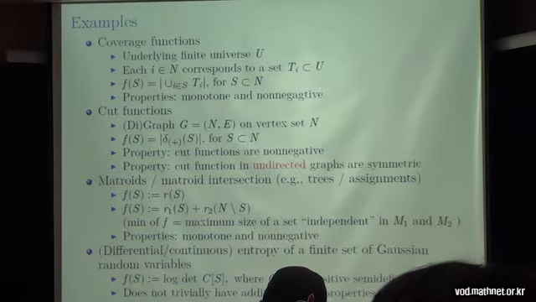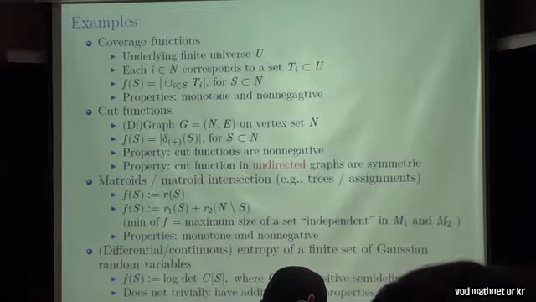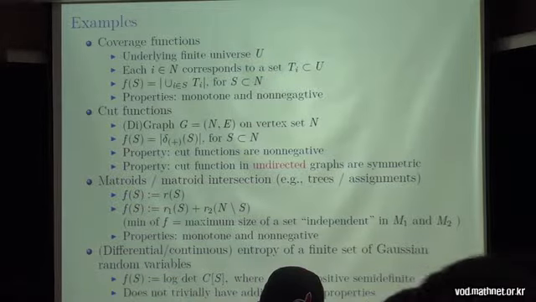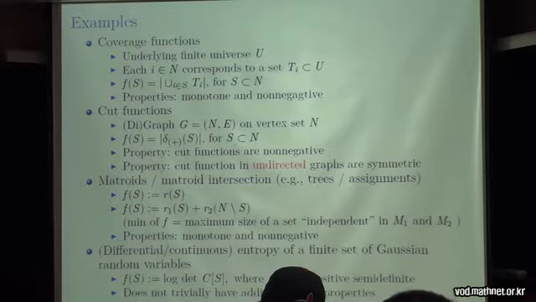And minimizing that is equivalent through a certain duality theorem to finding a maximum cardinality set that's independent in the two matroids. So this is called Edmonds' matroid intersection theorem. So that's an interesting example, again, of minimizing a certain submodular function.